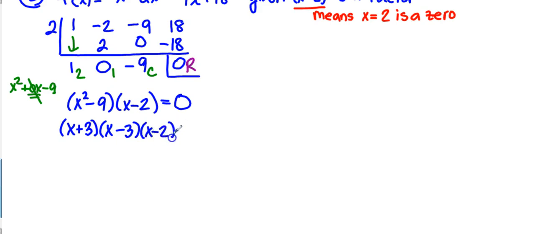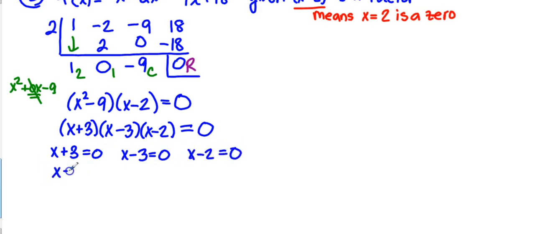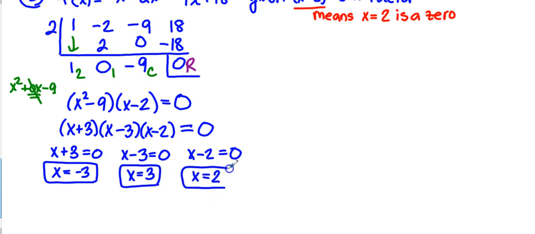Make sure we don't leave out the x minus 2. Setting each of these factors equal to 0, we get x equals negative 3, x equals positive 3, and x equals positive 2.